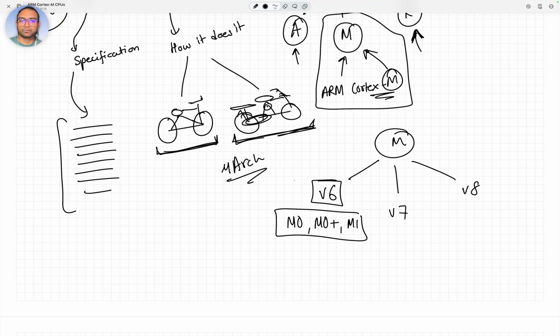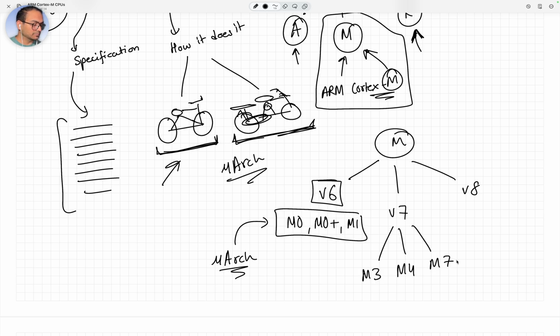This is a simpler version of the M-class CPU architecture. The M0, M0 plus, and M1 are called the microarchitectures. The microarchitectures, as we saw in this case, are the real implementation. So for V6 architecture, you have three implementations available. Similarly, for V7, we have the M3, M4, and M7. And for V8, we have M23, M33, and M55.